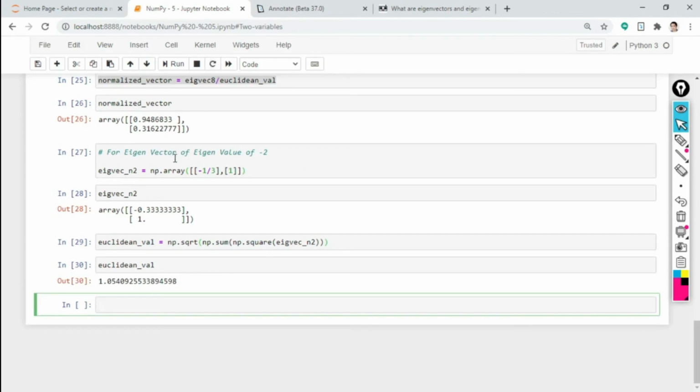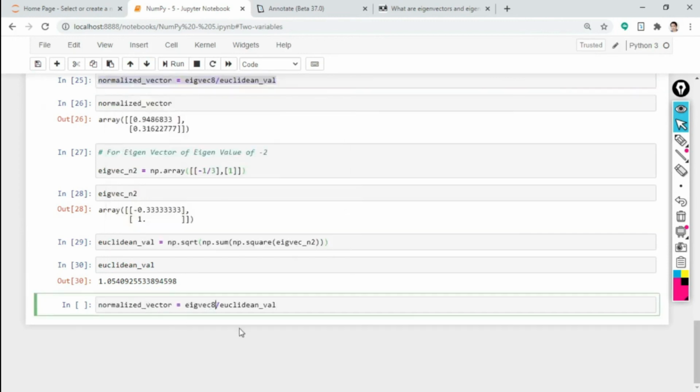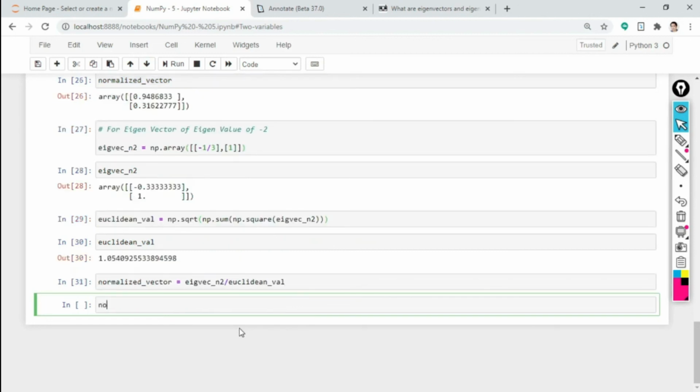So in order to compute this, we need the normalized vector also. So the eigenvector of -2, what's our variable name? In our Euclidean value, not distance. So enter. We got the normalized vector.